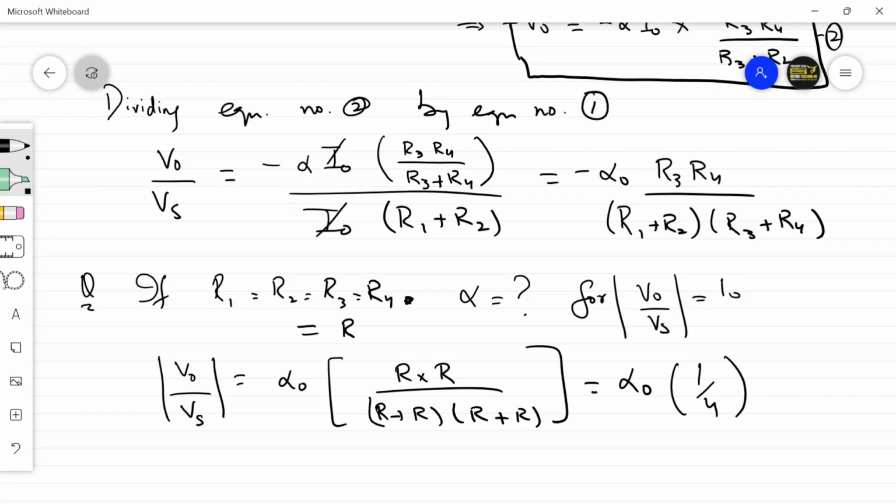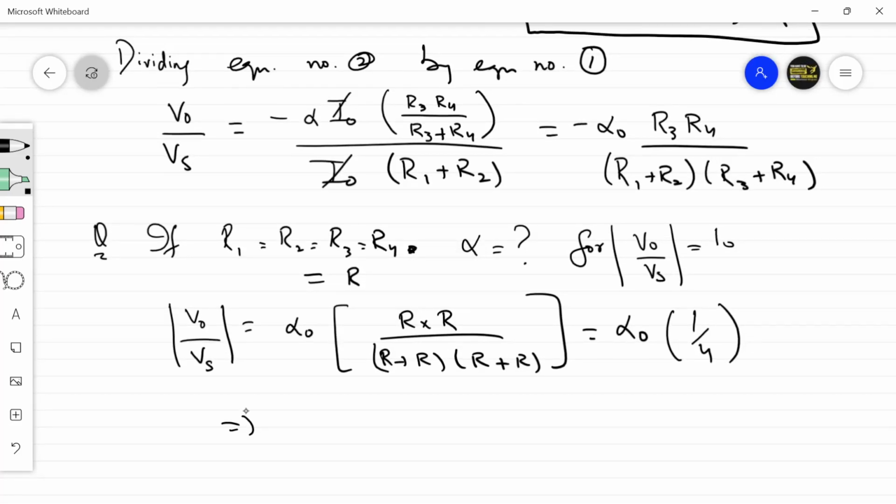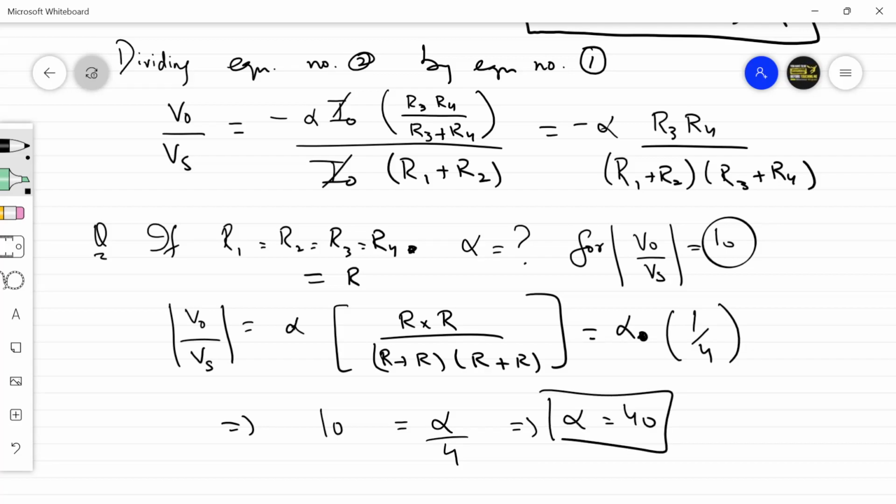So this becomes equal to alpha by 4, which implies V naught by Vs, which is actually equal to 10, is equal to alpha divided by 4, which implies alpha is equal to 40. Alpha has to be equal to 40 for this equation to be true.